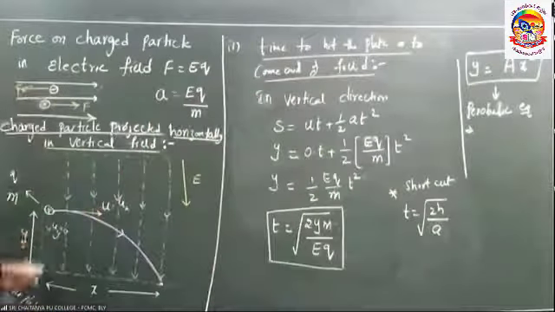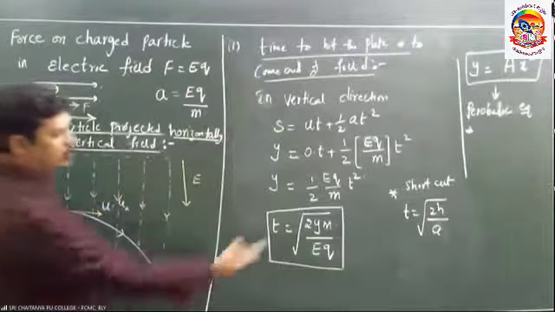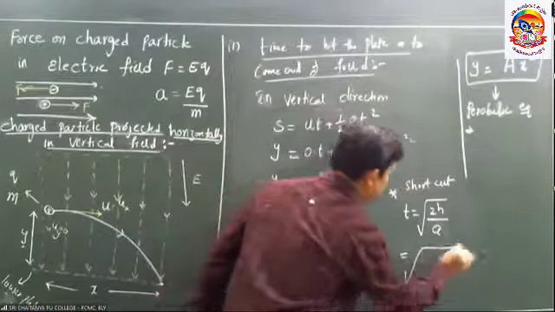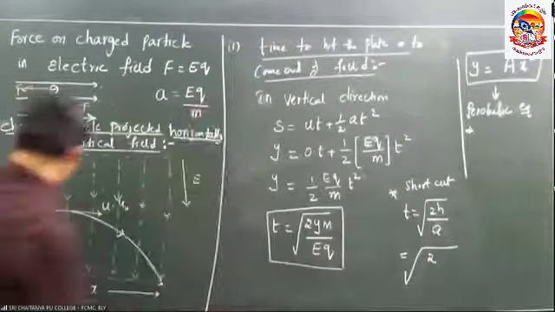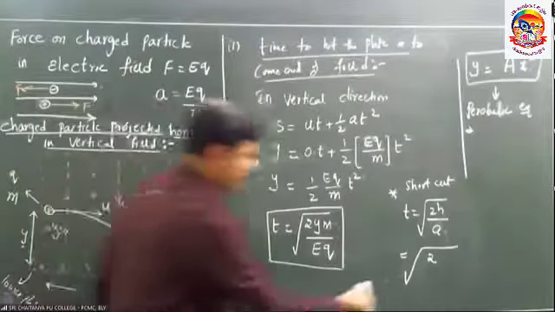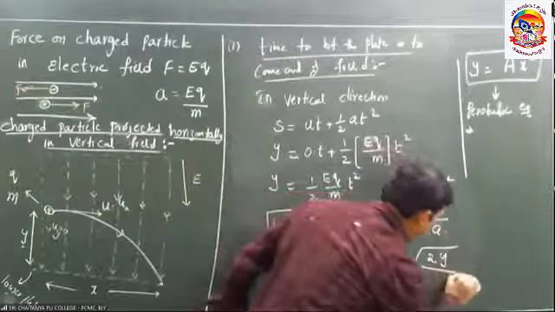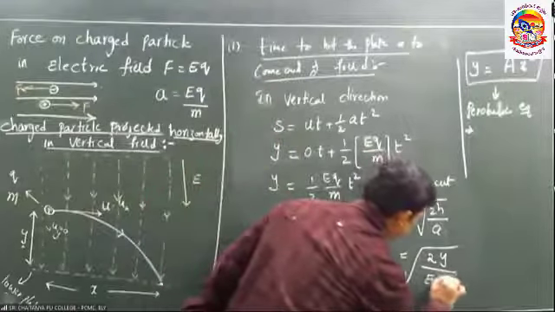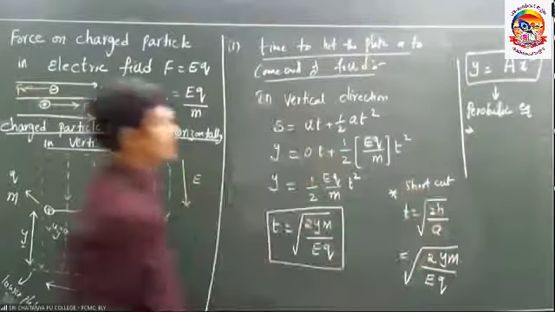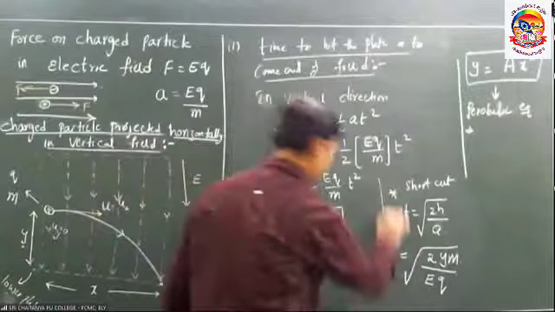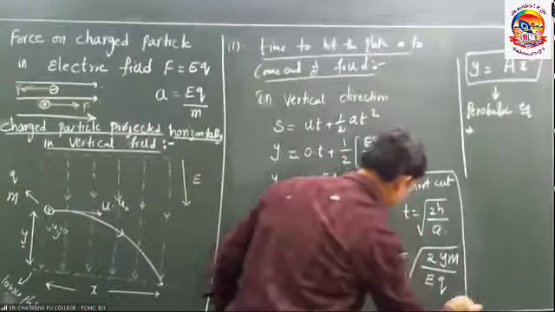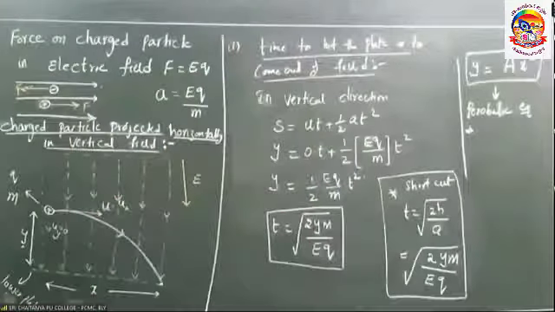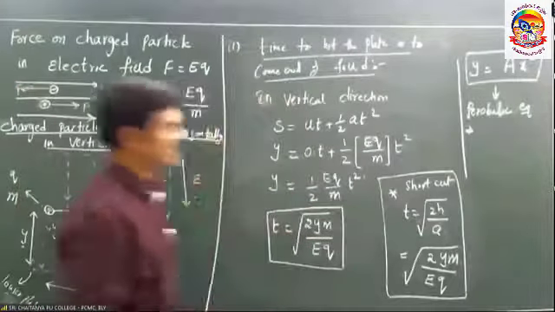What is h here? Vertical displacement. If you substitute that a, Eq by m there, vertical displacement h is equal to y. So this is derivation. Simply you can remember it like this.